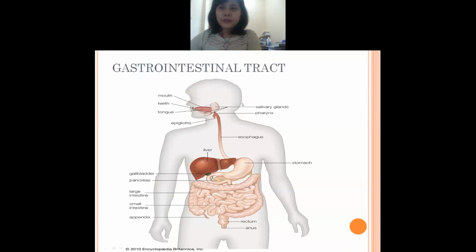Okay, Tenyang Omle, can you tell me this small intestine, it is divided into how many parts? It is divided into how many? Yes, Tenya. Can you answer?